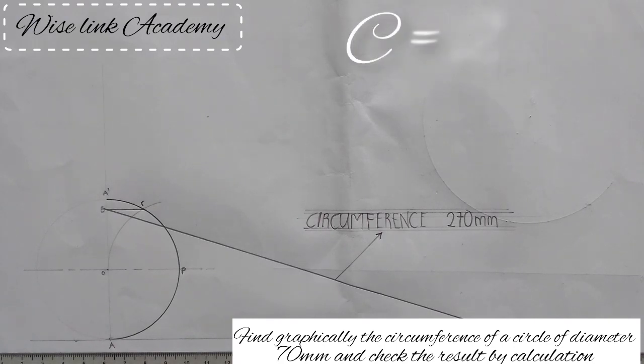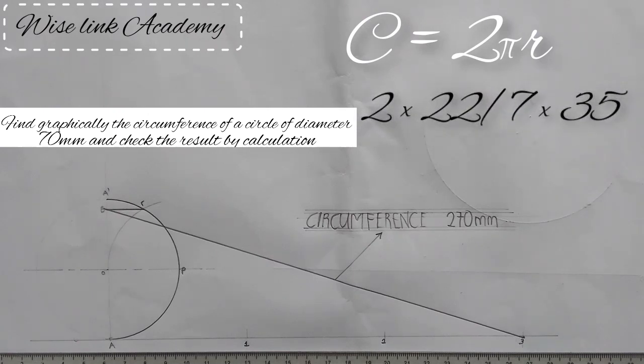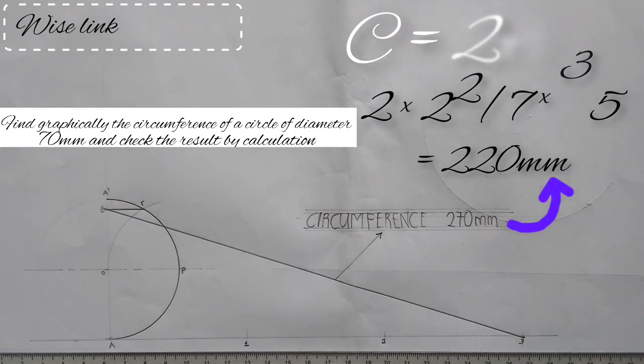That becomes 2 times 22 over 7, multiplied by the radius. The diameter there is 70, so I'm going to use the radius: 70 divided by 2, I have 35. Multiplying through, I have 220. By calculation, I have 220. So they are somehow close, but not exactly what we're having. That is what we're asked to do.